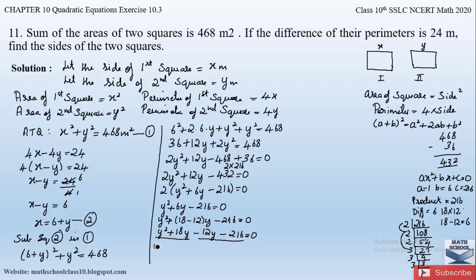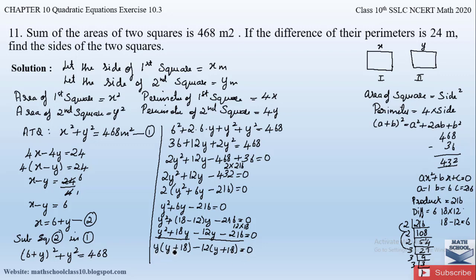So if you take y outside, you will be left with y plus 18, minus, since minus sign is here, let us take 12 here. So if you take 12 outside, you will be left with y, then minus into minus will become plus, 216 can be written as 12 into 18. So if you take 12 outside, what will be left behind? 18 is equal to 0.